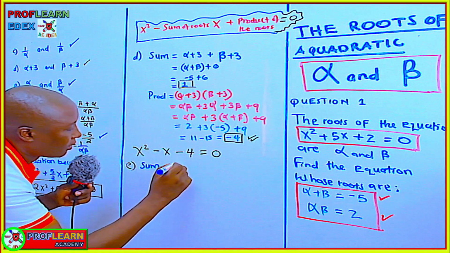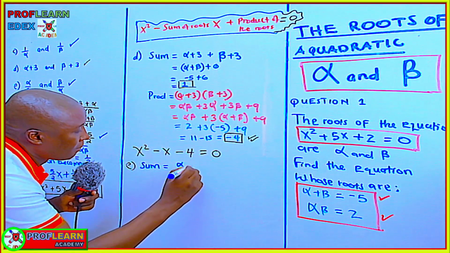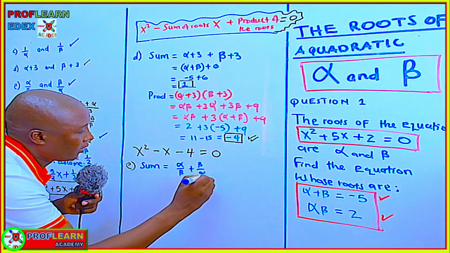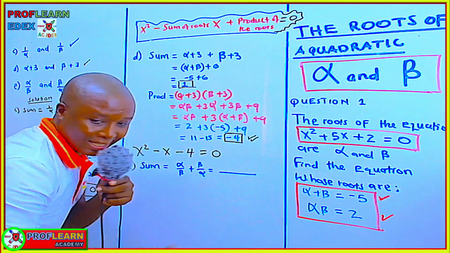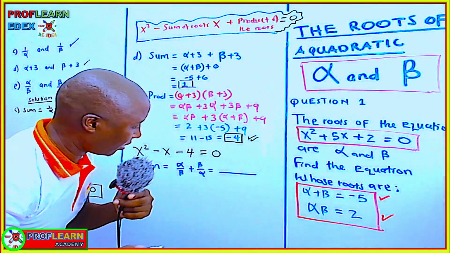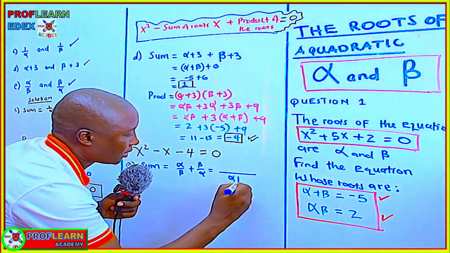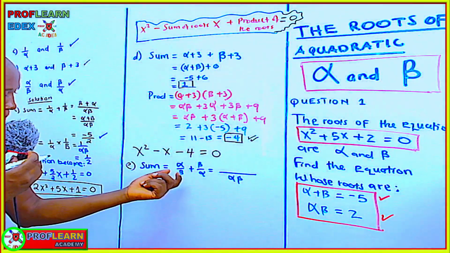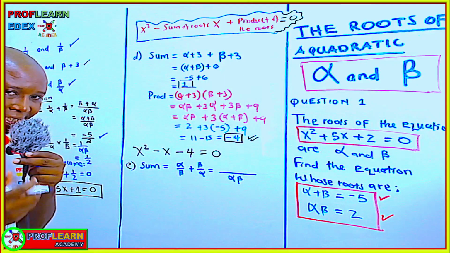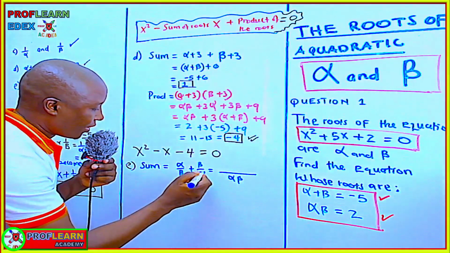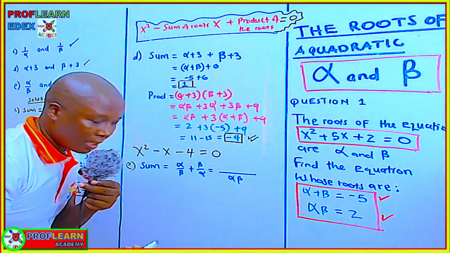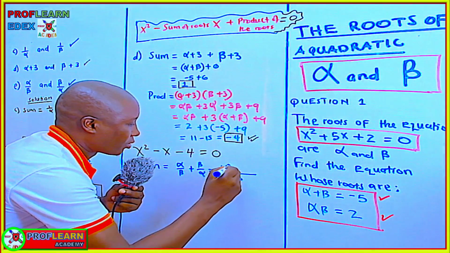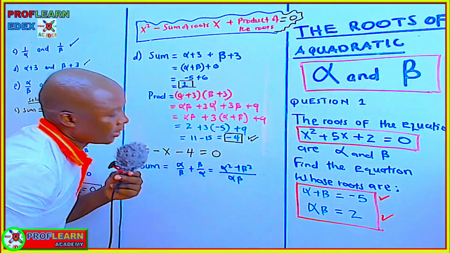The sum is alpha over beta plus beta over alpha. And this means the LCM is alpha beta. Then how many times does beta go into alpha beta? It goes there alpha times, or you can even cross multiply like that. And this is going to be alpha squared plus beta squared.